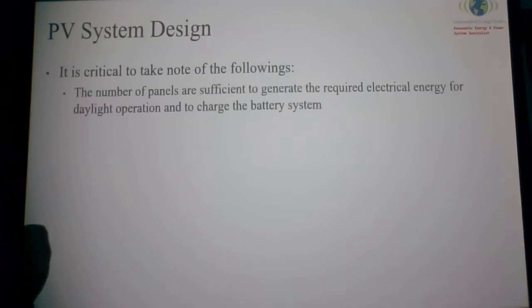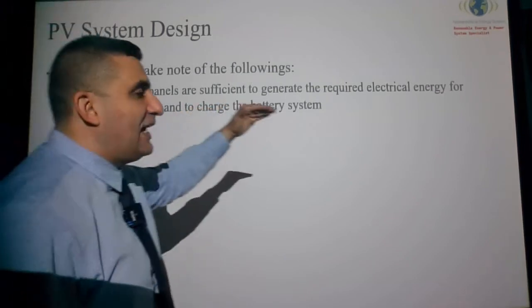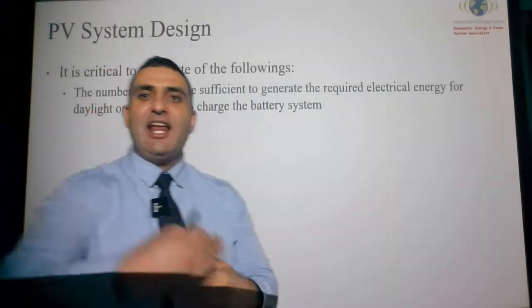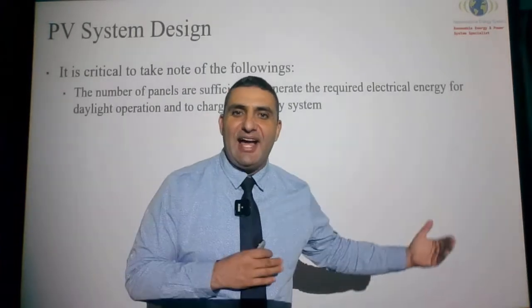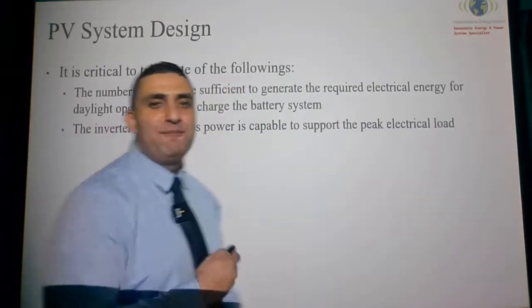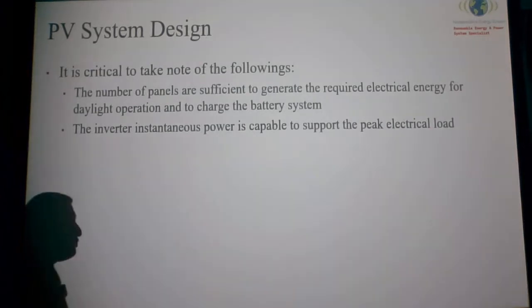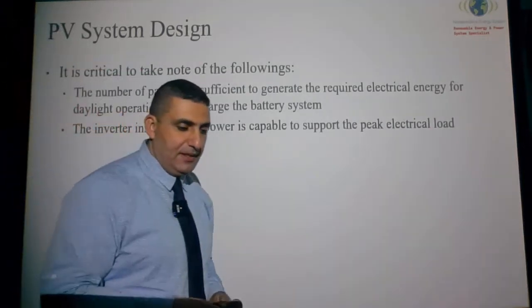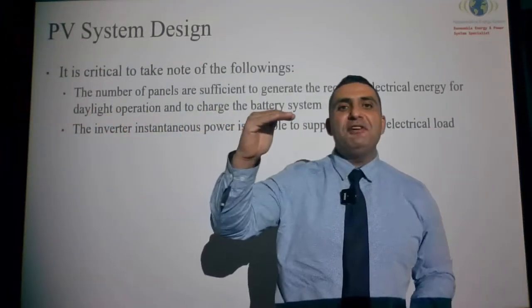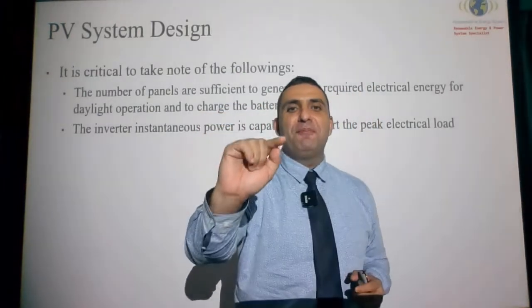It's critical to take note of the following. The number of panels is sufficient to generate the required electric energy for the daylight use and to store the energy, as per the example that I gave you. The inverter instantaneous power is capable of supporting the peak load. Every inverter has a peak load.